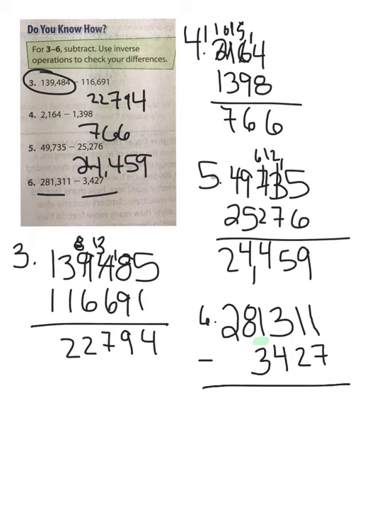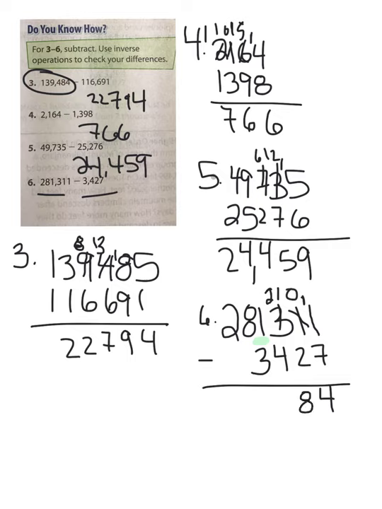We could not take 7 from 1 in the ones place, so we need to go next door to the tens place and borrow from the 1. Cross off the 1, make it a 0, add your 1 to the ones place. Now we can subtract. 11 minus 7 is 4. We cannot take 2 from 0, so go to your hundreds place and borrow from the 3. Make your 3 a 2 and add the 1 into the tens place. So now we can subtract. 10 minus 2 is 8.